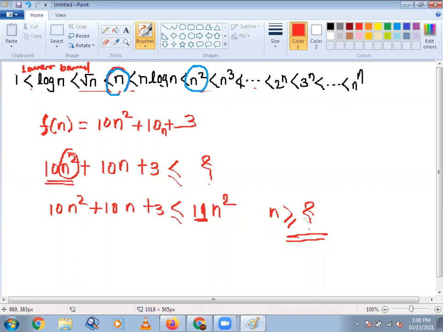I think n is greater than or equal to 6. Check for 6.